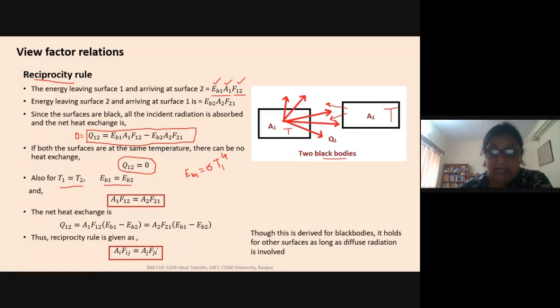So writing a general reciprocity rule, I can write that Ai Fij is equal to Aj Fji. If we just replace 1 by i and 2 by j, that is what we get.